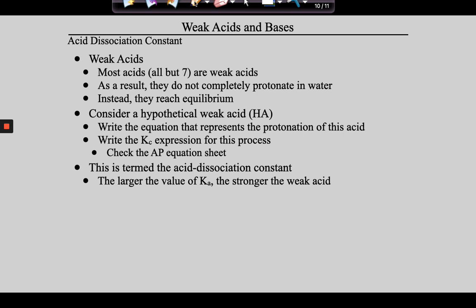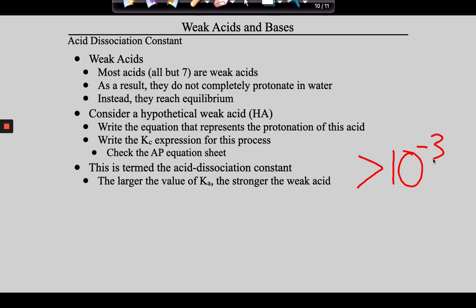So then guys, the question becomes, what do large Kas look like? When we talk about large Kas, we're talking about numbers greater than 10 to the negative third. This number will become important to us in chapter 17. But just to give you context right now, when we talk about large Kas, we're talking about greater than 10 to the negative third.